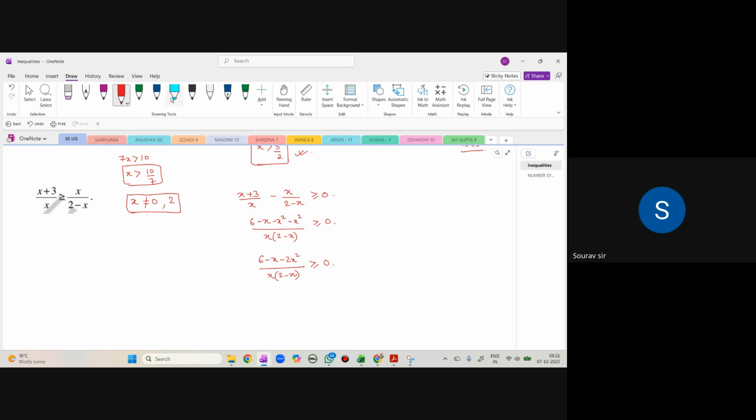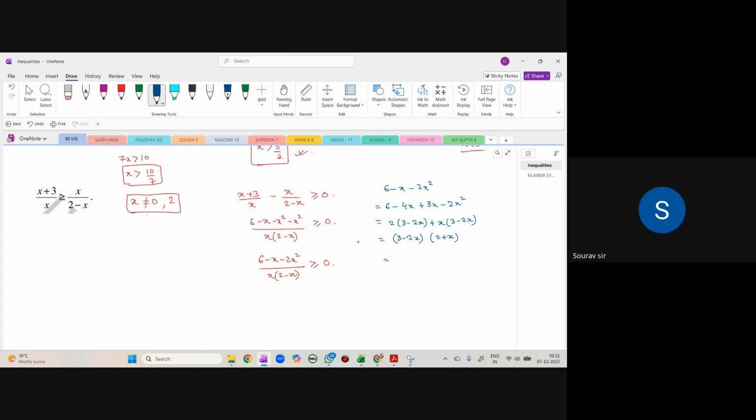Let's do it separately. 6 minus x minus 2x square. We can factorize it as 6 minus 4x plus 3x minus 2x square. Simple factorization, which is 2 into (3 minus 2x) plus x into (3 minus 2x), which is (3 minus 2x) into (2 plus x).